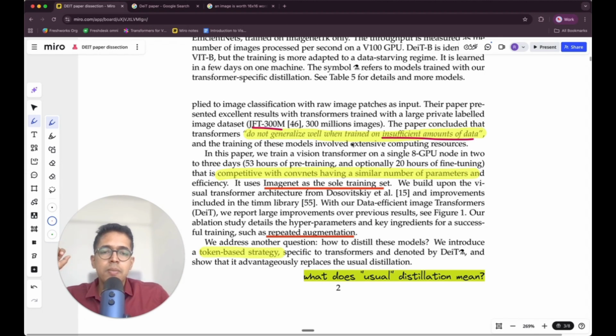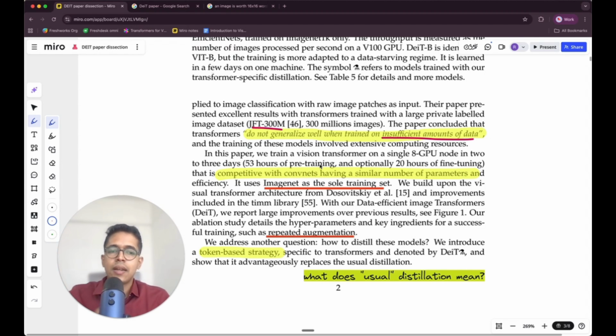And the training of these models involved extensive computing resources. Again, very much true. In this paper, we train a Vision Transformer on a single 8 GPU node in 2 to 3 days, 53 hours of pre-training and optionally 20 hours of fine-tuning. That is competitive with convnets of similar number of parameters and efficiency.